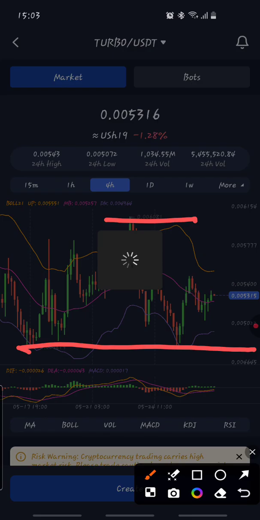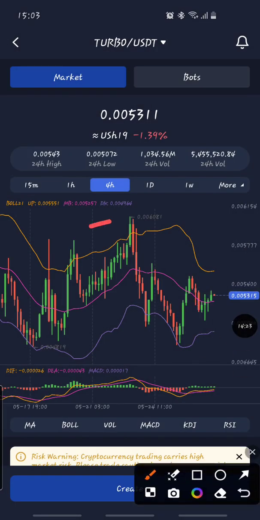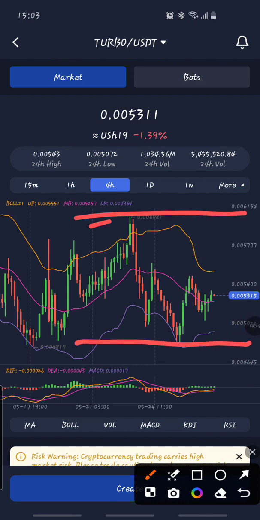This coin has a potential. This was the highest, this was the lowest. It has the potential to move from here up to there. Meaning it can move, for example, just from here up to this level, you may find that you have 5%. So here you can always have a perfect entry.